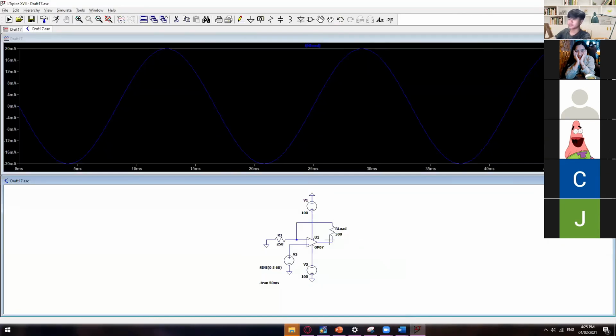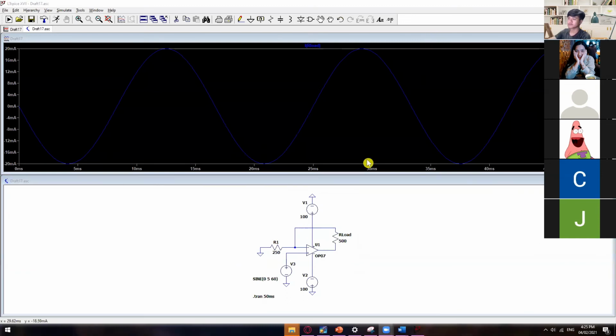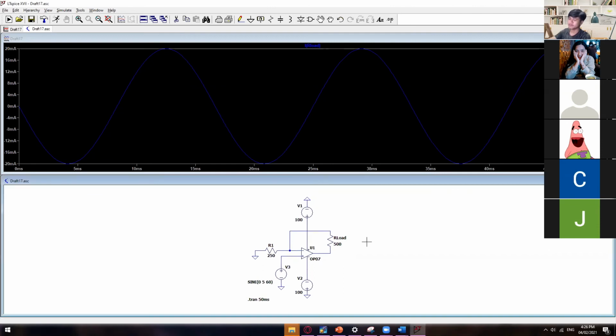So any question or clarification so far regarding voltage to current converter? Right, so none. So in real life, maybe you're wondering where do we use this one? So in real life, we control some devices using current.